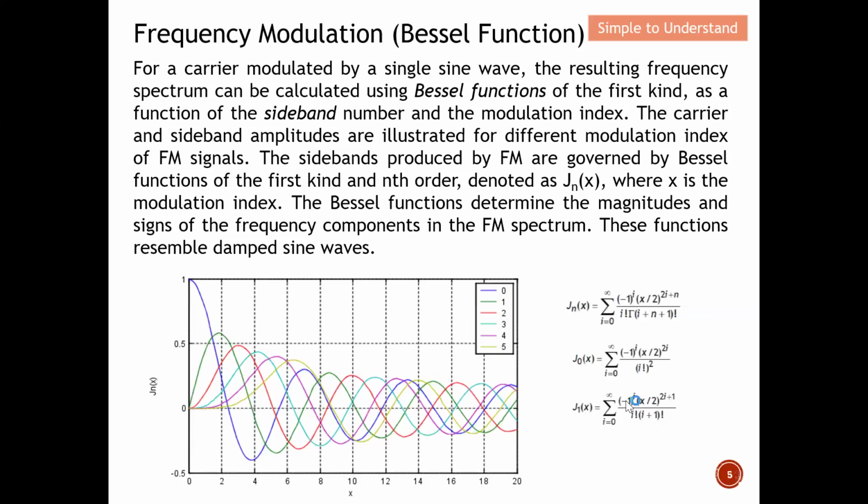Again, if you increase your X value, then you will be able to plot the curve in green. This can continue on and on for 2, 3, 4, and 5. But let's not dwell so much on how we actually plot this graph. Most important is how we can make use of this graph to obtain the Bessel function table. That's all we need.